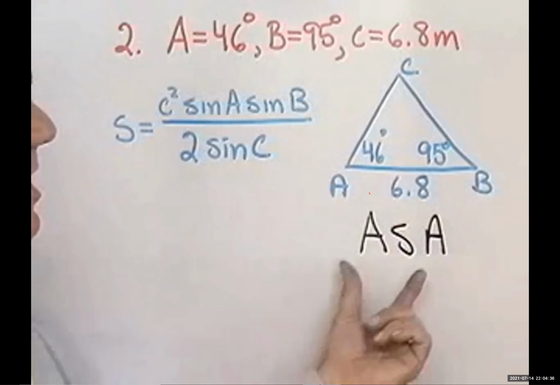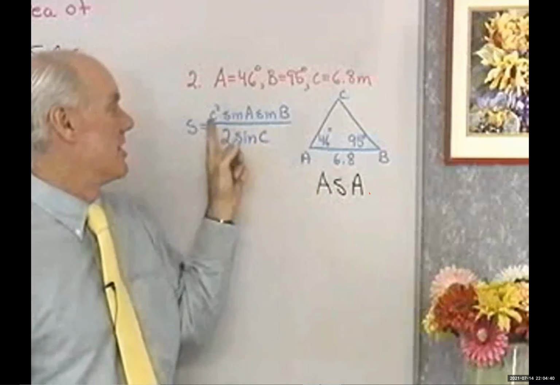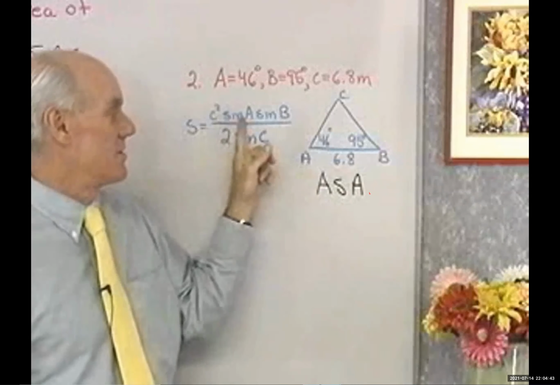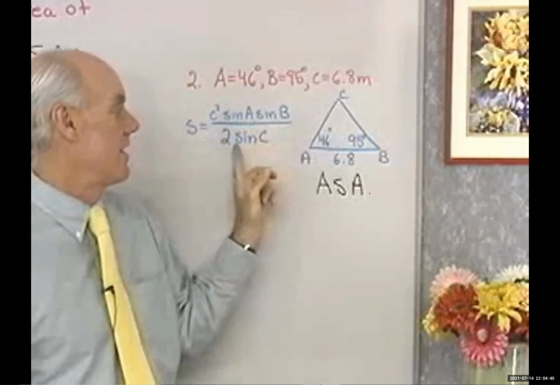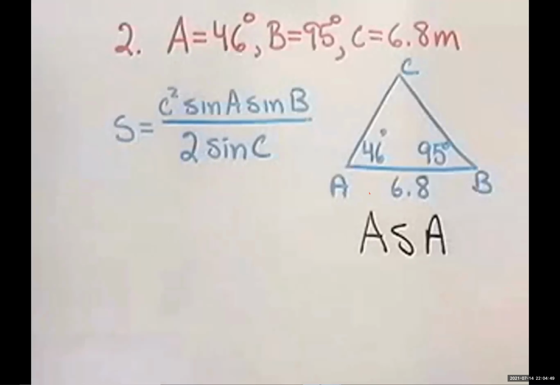And in this situation, angle, side, angle, we use this formula to find the area of the triangle: the side squared times the product of the sine of the two angles, divided by 2 times the sine of the third angle. Let's substitute in and see what we get.